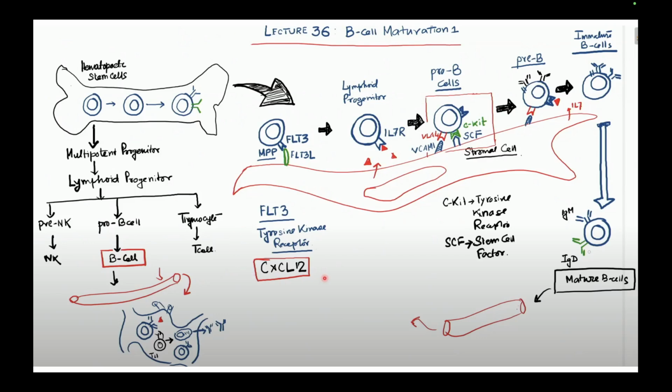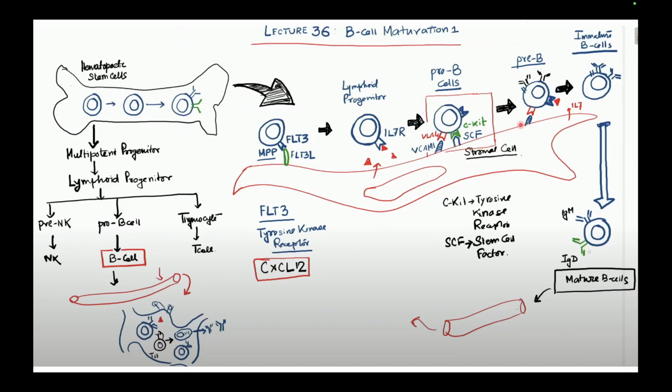So this is a very important chemokine, CXCL12, which retains the MPP, the multipotent progenitor cells, by adhering them to the stromal cells. They convert into lymphoid progenitor cells and start expressing the IL-7 receptor, and then convert into the pro-B cell, which expresses VLA4 integrin and c-KIT on its surface. VLA4 interacts with VCAM-1, and stem cell factor interacts with c-KIT. Then it is called the progenitor B cell.